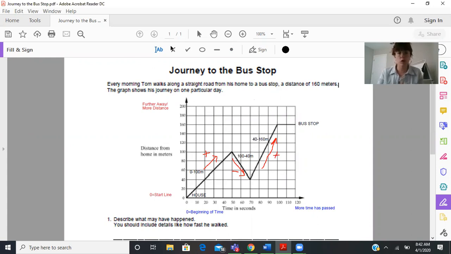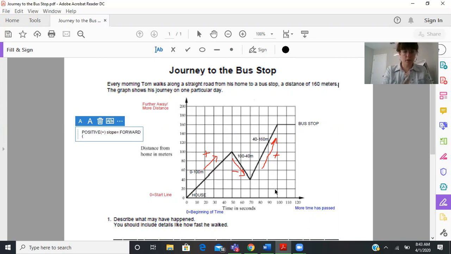Let's make a note along the side that if I have a positive slope, it means I'm moving forward.